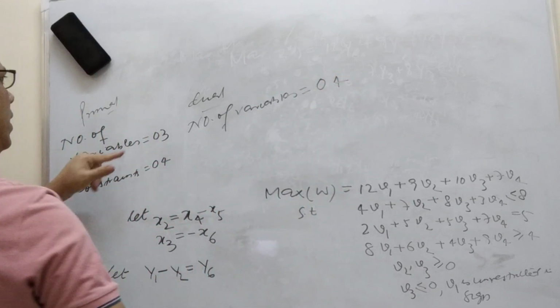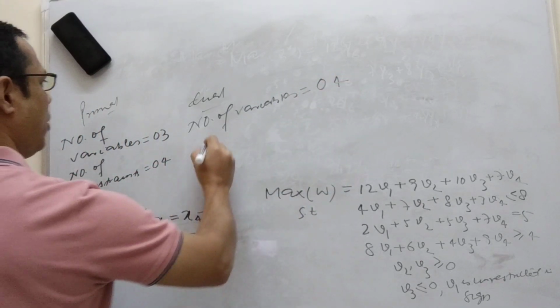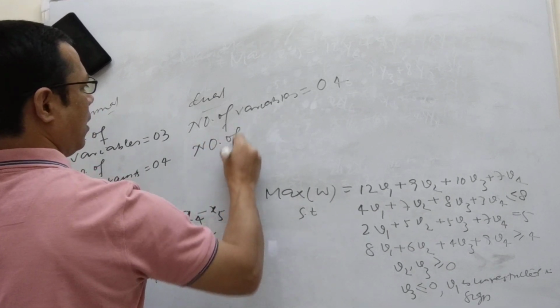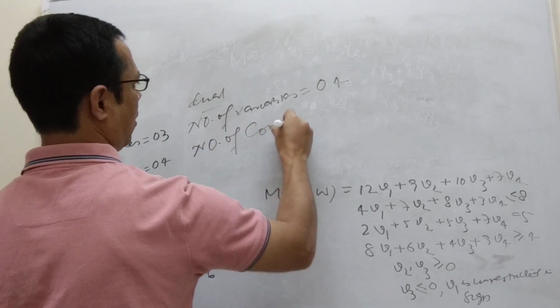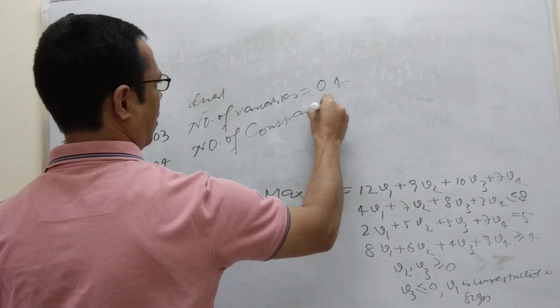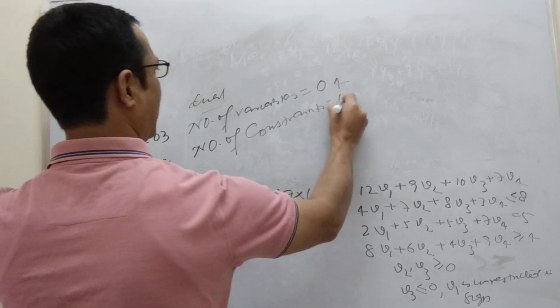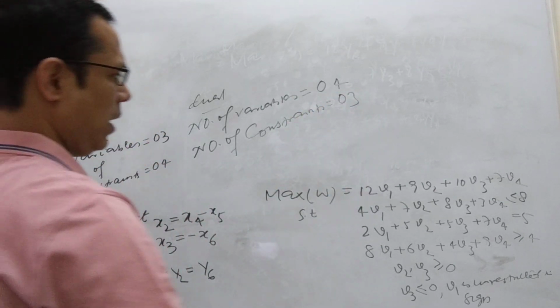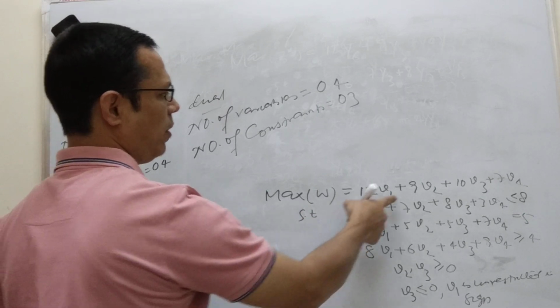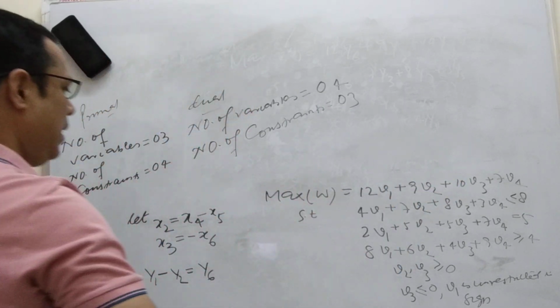So the variables have changed to 4, and the number of constants must be 3. Now you can compare here: number of constants 3, number of variables 4. This condition has been satisfied.